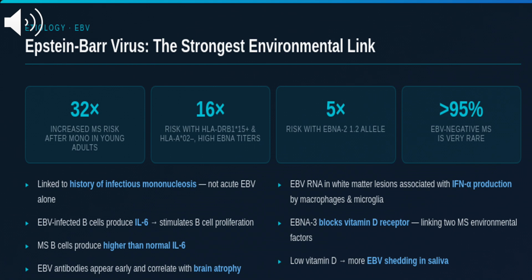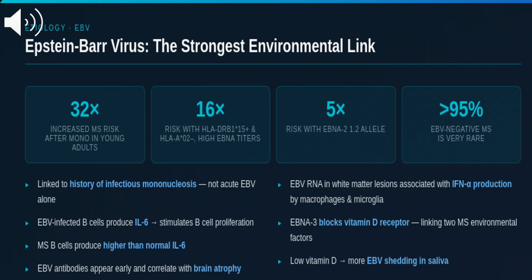Multiple mechanisms converge. EBV-infected B cells produce large amounts of IL-6, which drives B cell proliferation and generates destructive Th17 cells. EBV-infected B cells resist apoptosis and resist immune control, allowing persistent reservoirs of infected cells in the CNS.